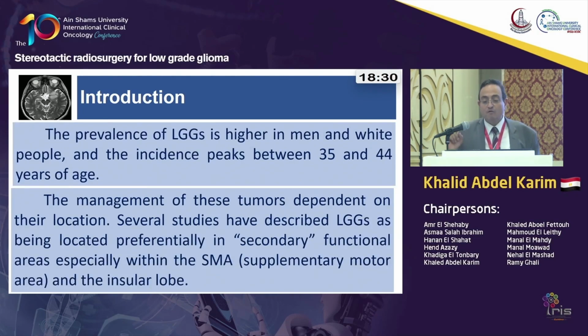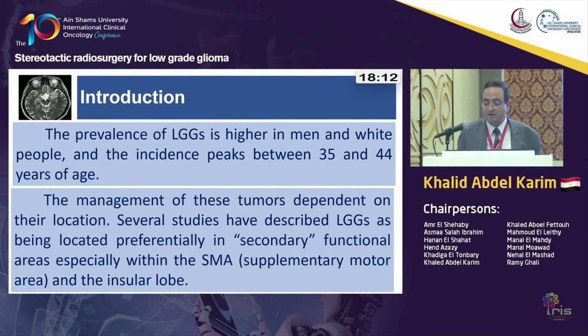The prevalence of low-grade glioma is higher in men and white people, and the incidence peaks between 35 and 44 years of age. The management of these tumors, as we clearly have heard earlier, depends on the location.